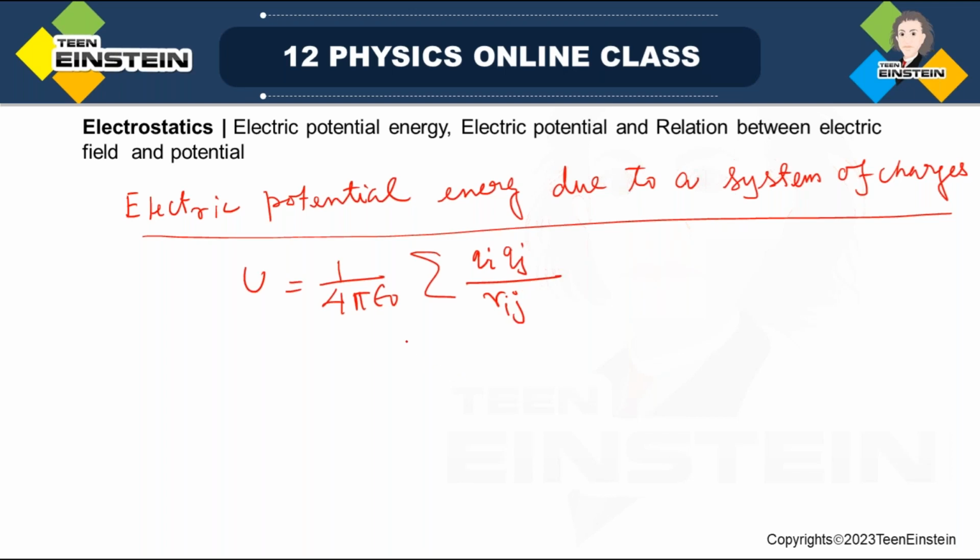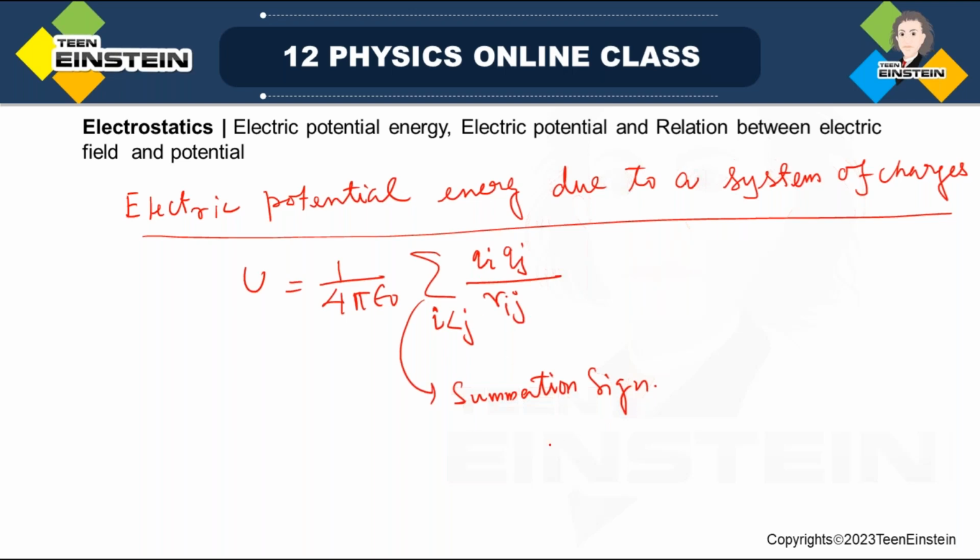Okay, in this case, i must be less than j. What does this mean? So you know this is the summation sign, summation. Okay, I'll just let you know this thing.